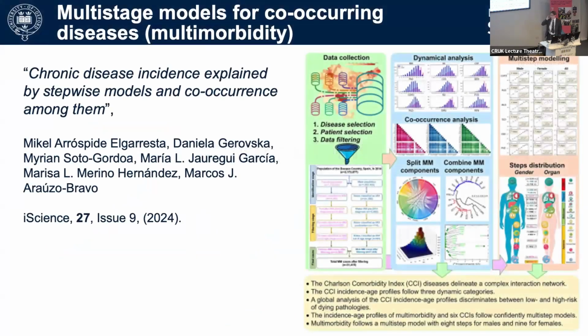The final example I'm going to mention is multimorbidity. The reason I've got an excuse to mention this is because this paper appeared a month or so ago. It makes some rather strong claims about the importance of multi-stage models for modeling multimorbidity, but it does give me an excuse to talk about the topic.